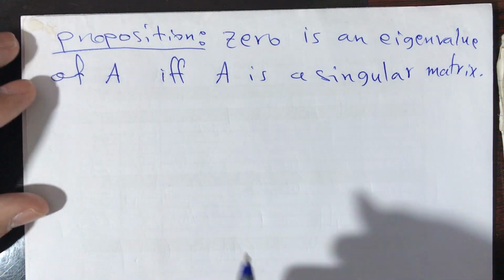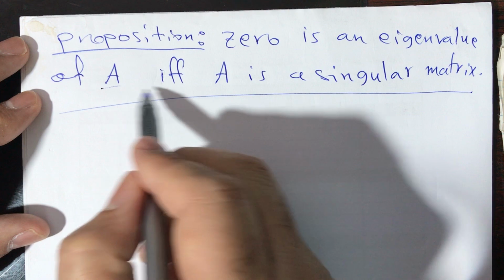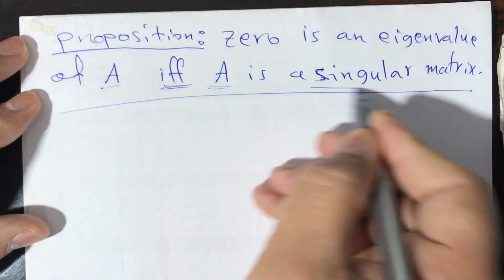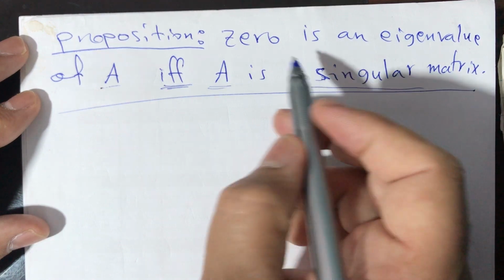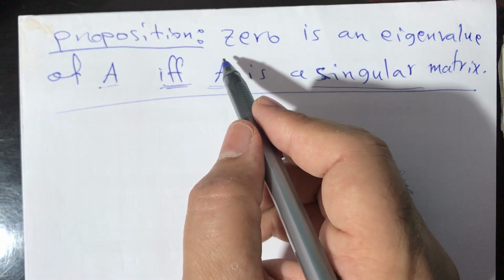This is without proof. If A is a singular matrix, then 0 is an eigenvalue of A.